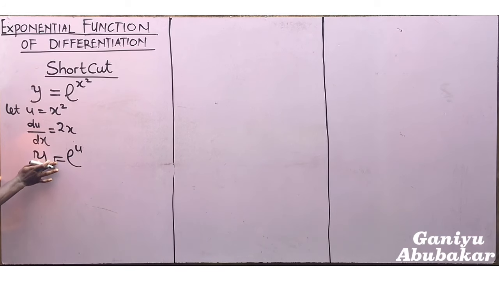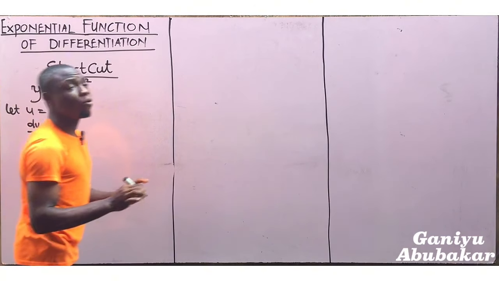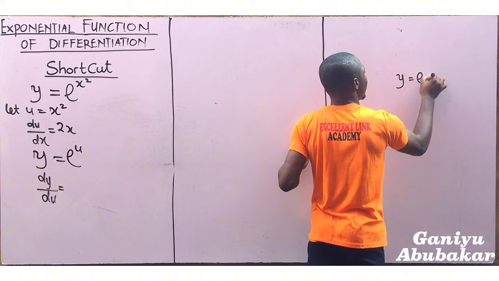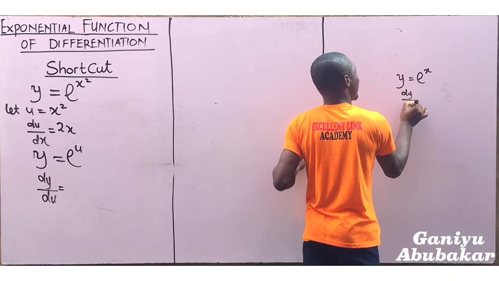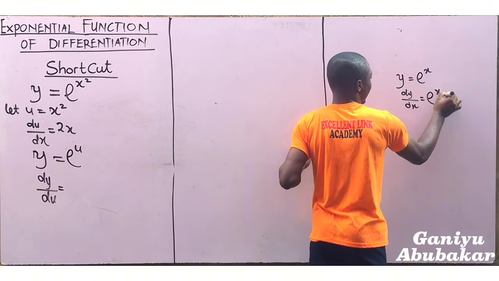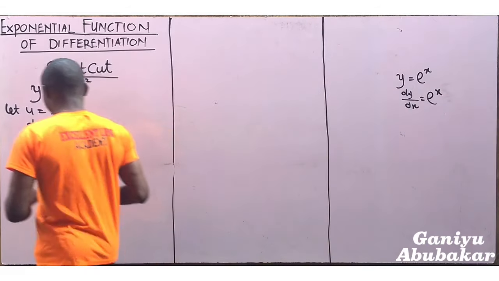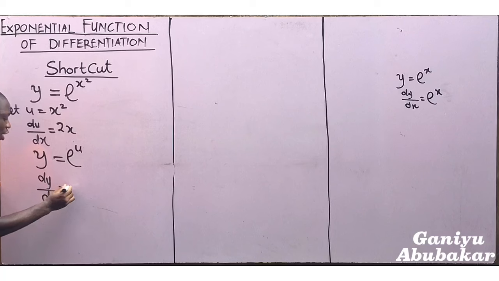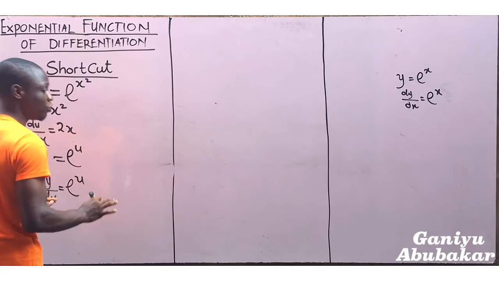I'm differentiating y with respect to u, so dy over du is equal to, since if y is exponential x then dy over dx is exponential x, exponential u. From here, I'll apply the concept of chain rule.